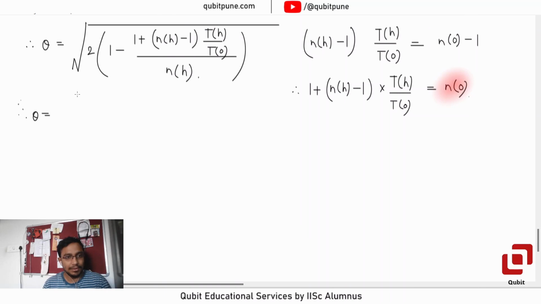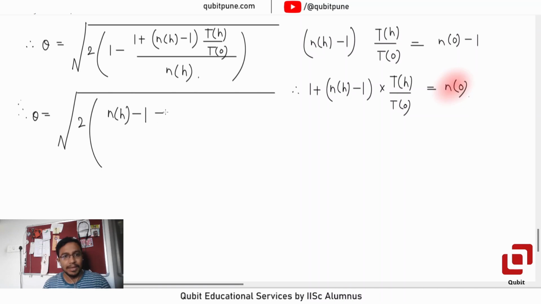Therefore theta is equal to root of 2 into bracket, let's take the LCM, so nh minus 1 minus bracket again nh minus 1 into th by t0, and in the denominator again we will have nh. Firstly we need to take this one with nh, so that is nh, then this is 1, that will become minus 1 because of the negative sign, then nh minus 1 into th by t0 will also become negative.